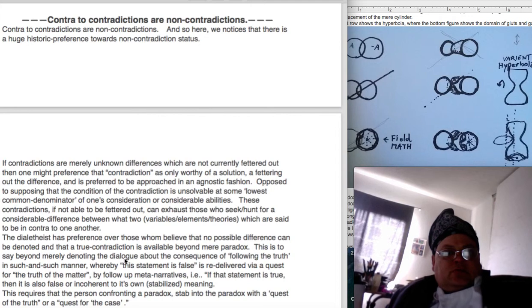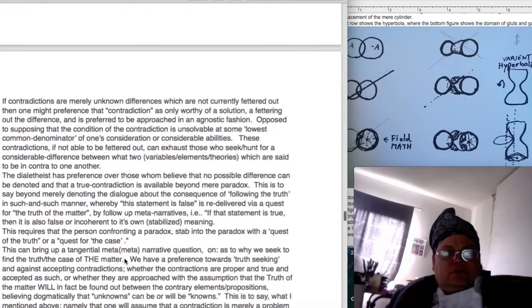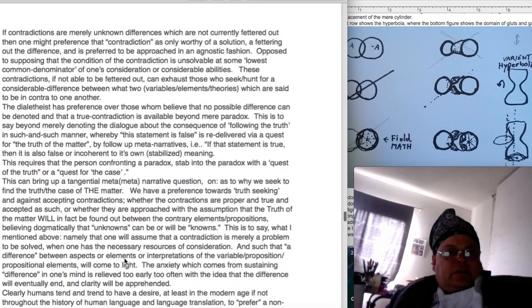If contradictions are merely unknown differences which are not currently fettered out, then one might prefer to see contradiction as only worthy of a solution, a fettering out of the difference, approached in an agnostic fashion, as opposed to supposing that the contradiction is unsolvable at some lowest common denominator of one's considerable abilities.